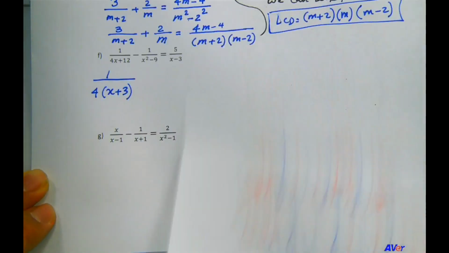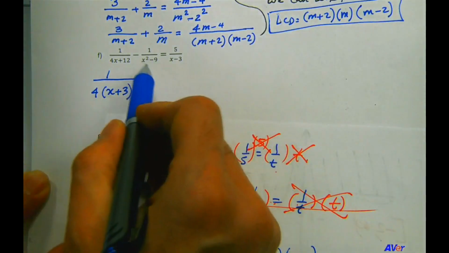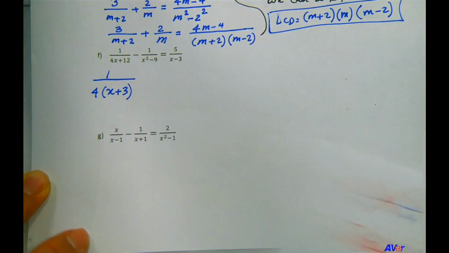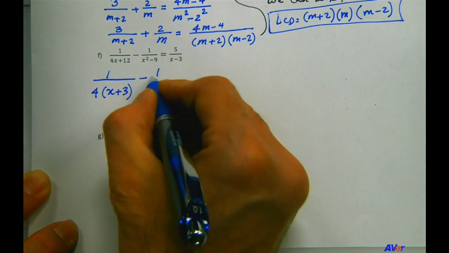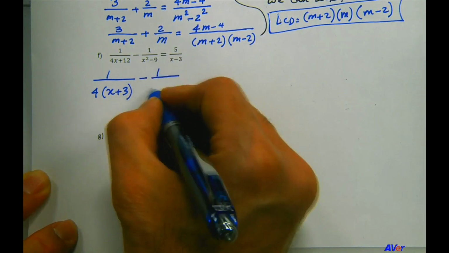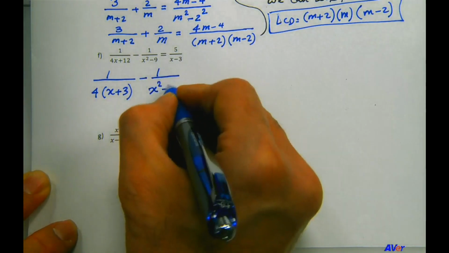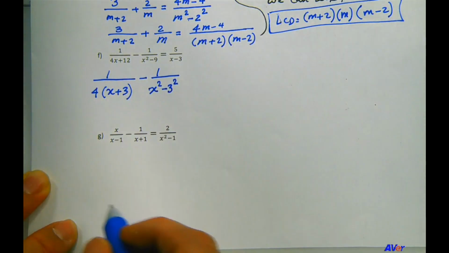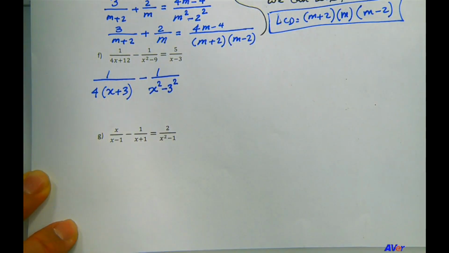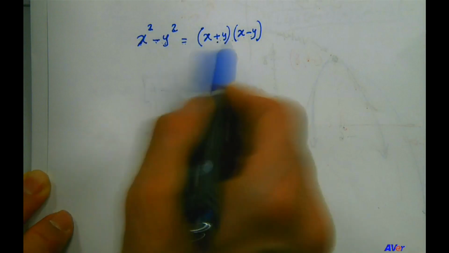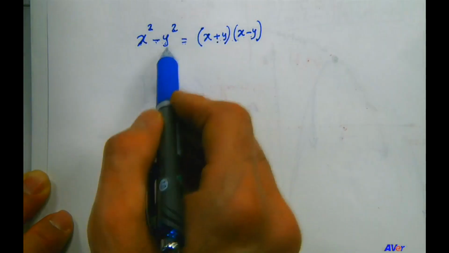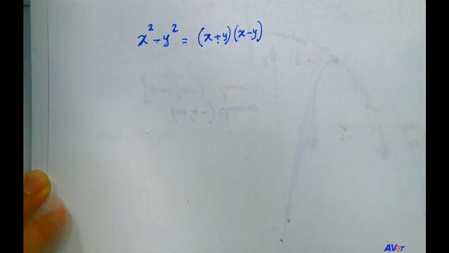In this case, let me write it down in a perfect squared form. So x squared minus 3 squared, right? So we do have this form, which we can then factor into x plus y times x minus y.